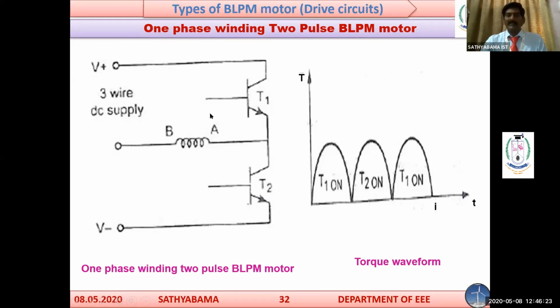One input of each AND gate is connected to the commutation logic circuit, and the other input is taken from the monostable circuit. This gets signals from the high frequency PWM oscillator, that is, the pulse width modulator signal. Here the high frequency pulse is generated and given to the monostable circuit. This monostable circuit output is connected to one input of the AND gates.